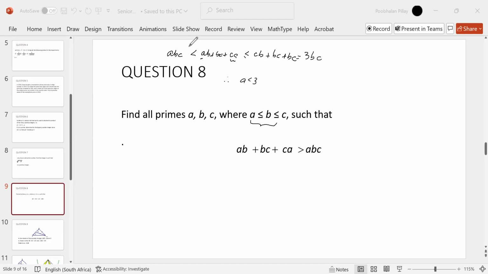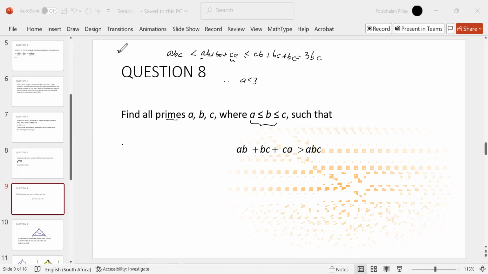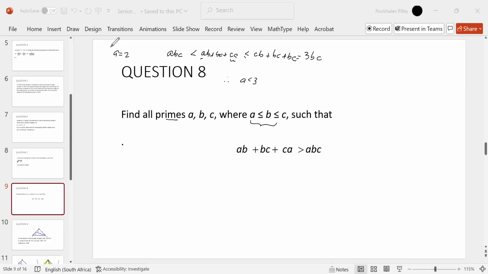So A is less than 3 because BC will cancel off. But A is a prime number. And there's only one prime number less than 3. So A is equal to 2. So we calculate the value for A. All right, so now, knowing that, let's just simplify this and put in your value for A. You've got A is 2, so you've got AB is 2B.